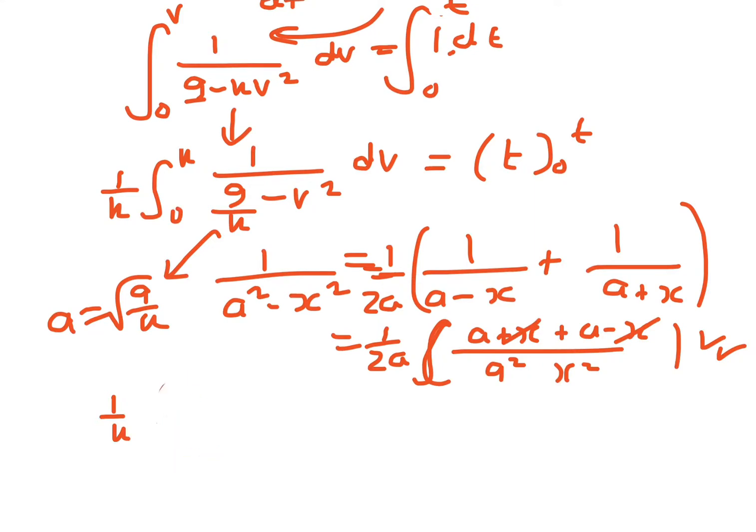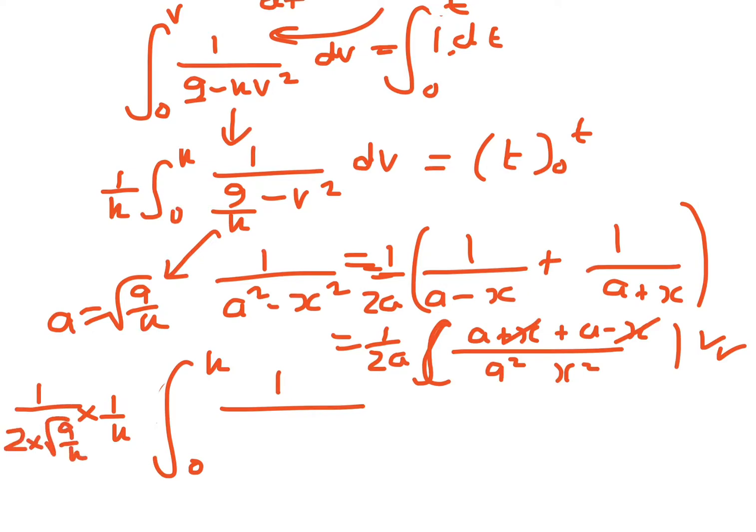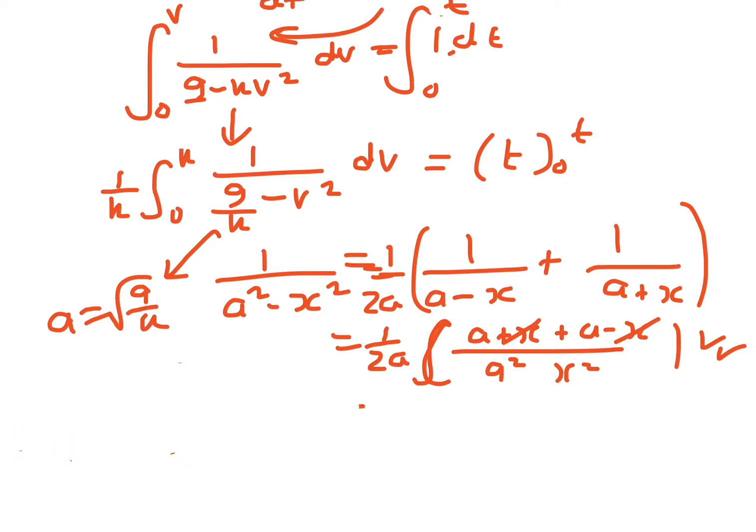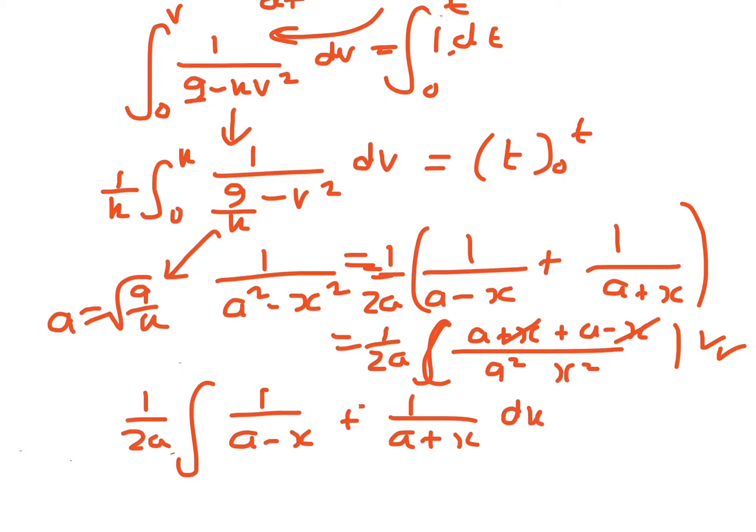If we split this up, it's going to be 0 to k of 1 on 2a, so it's 1 on 2 times root g on k. I might go the whole way through and just integrate this part here, because I think that's going to give me a better formula. So it's 1 on a minus x plus 1 on a plus x dx.